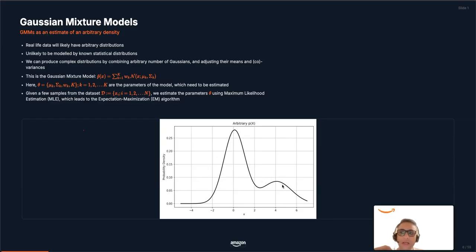You can see that there is a peak. It's not naturally a Gaussian. In fact, I've created it from a mixture of Gaussians, but I think you see the point, right? There is no natural distribution which can model this arbitrary P of X, and therefore we would like to have something else.